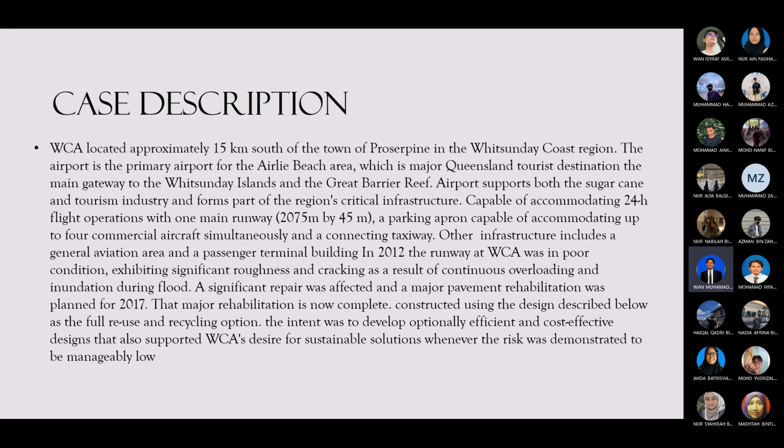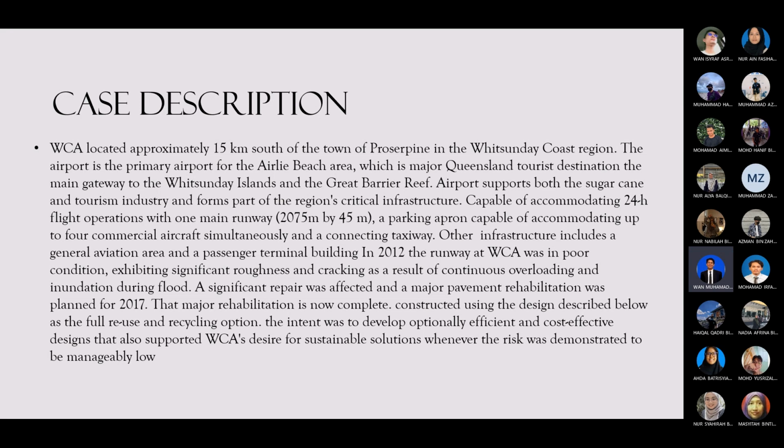It is capable of accommodating 24-hour flight operation with one main runway, a parking apron capable of accommodating up to 4 commercial aircraft simultaneously, and a connecting taxiway. Other infrastructure includes a general aviation area and a passenger terminal building.